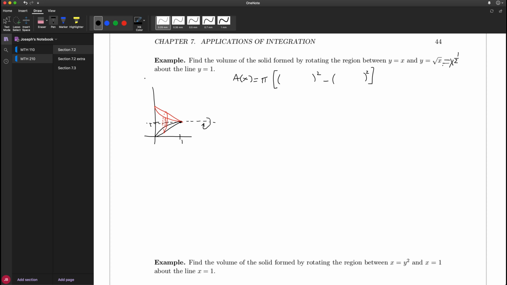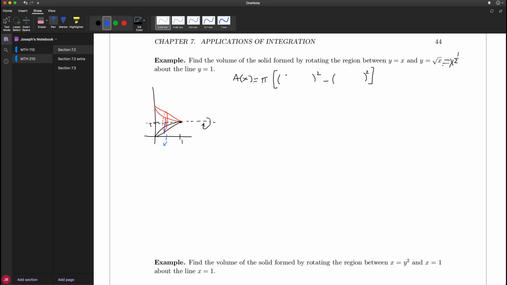So let's find the outer radius. So I think that's blue. We're going to pick an x value. And what we need, starting from our axis, is this length here, which you'll notice is 1 minus the height of this function x. So I think it's just 1 minus x.